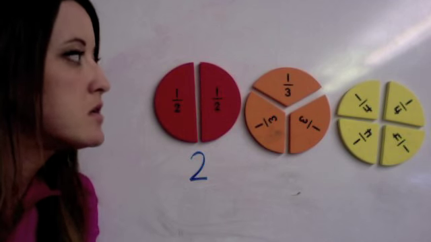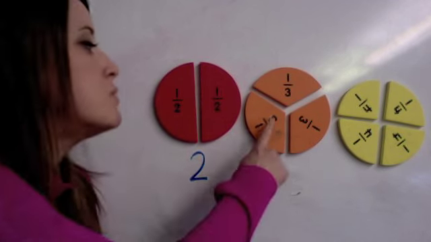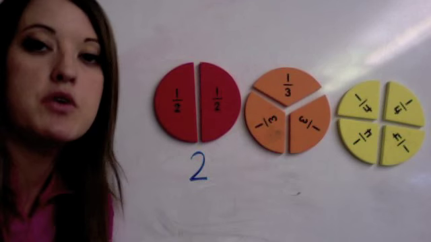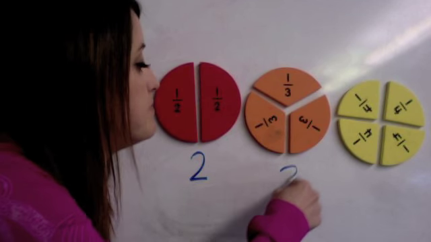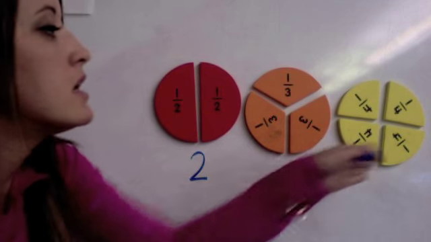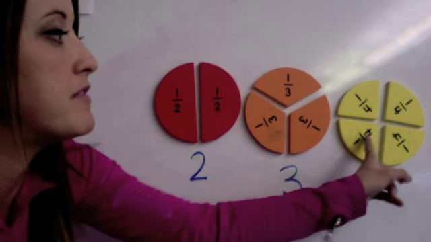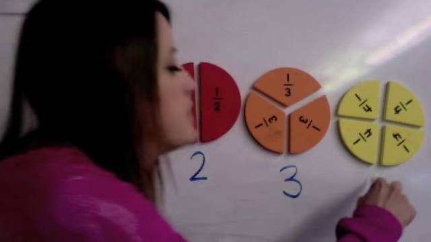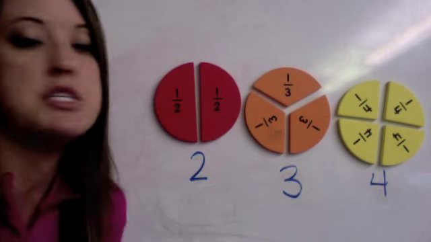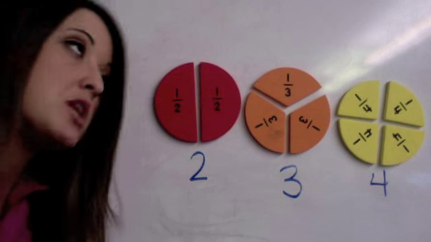Our next circle is partitioned into 3 pieces, 1, 2, 3. So thirds have 3 pieces to make a whole. And our last circle over here has 4 pieces, 1, 2, 3, 4, or 4 equal shares, because fourths are partitioned into 4 equal shares.